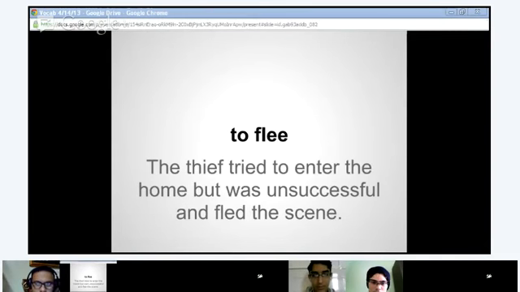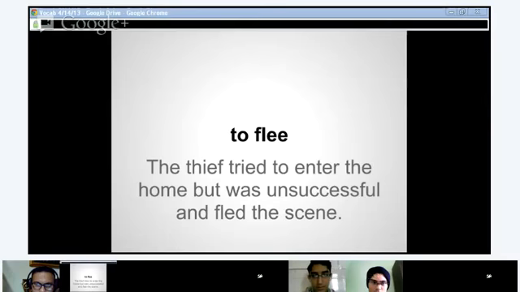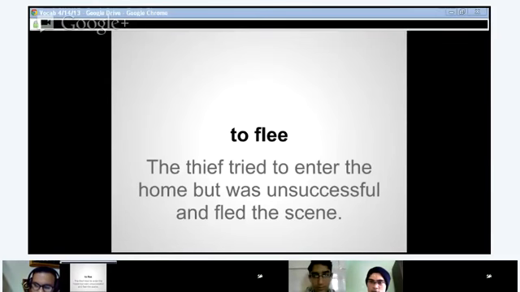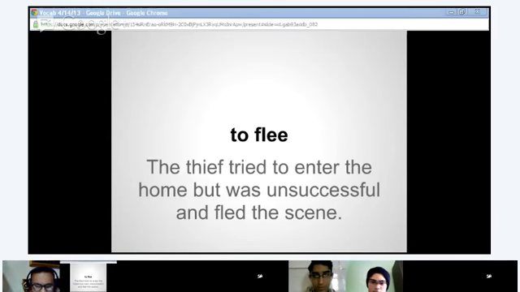Okay, so what does it mean to flee, Xenu? Escape or run away. Escape, run away. Run off. Okay, perfect. So to escape or run away from something.